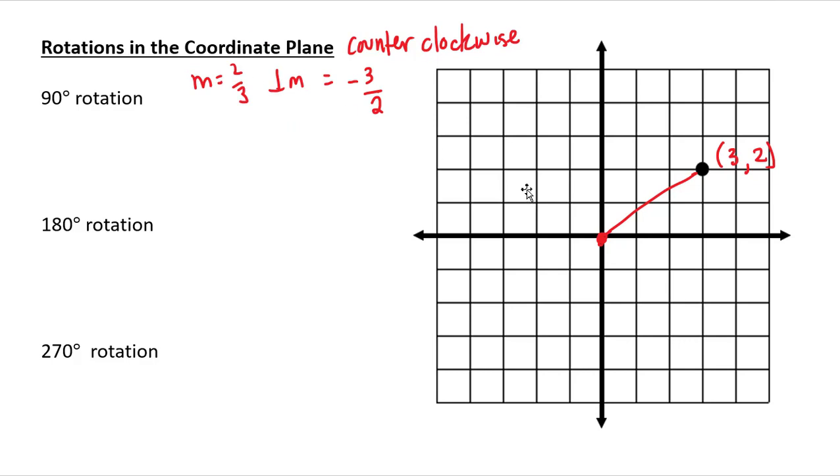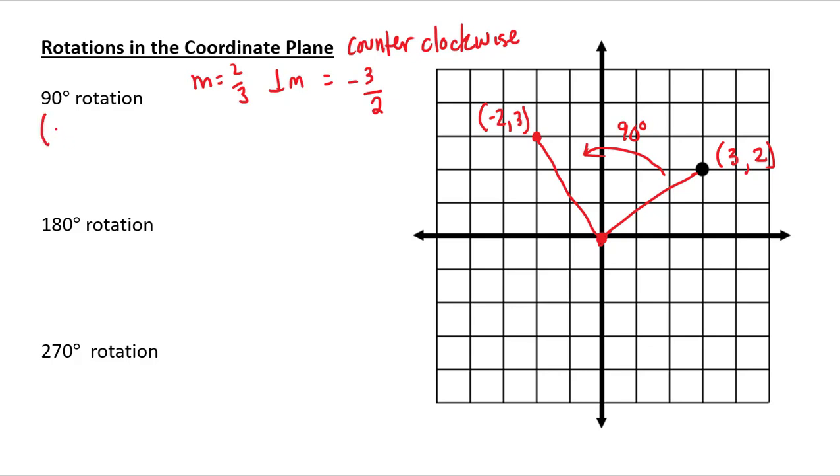Okay, so I figured out what I did wrong. We need a 90-degree angle, and I need it to rotate 90 degrees this way. Where I got confused was, I could go down 3 and then right 2, but that's going to get me something down here. That's not 90 degrees counterclockwise. I can also go up 3 and left 2 to get to the point -2, 3.